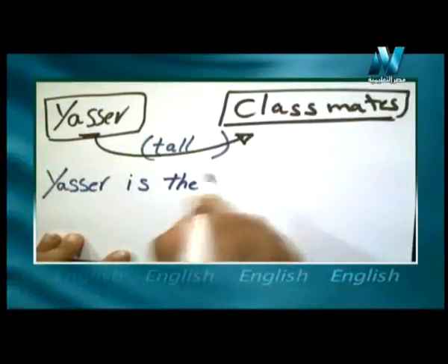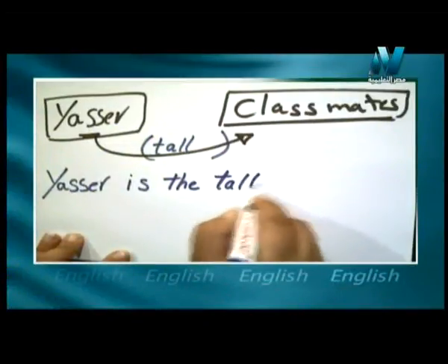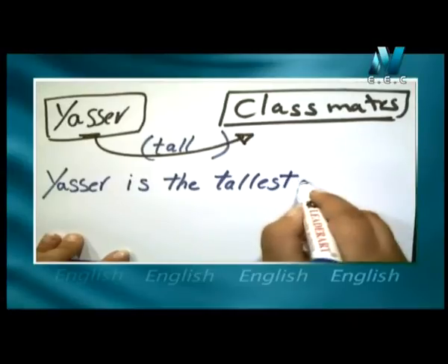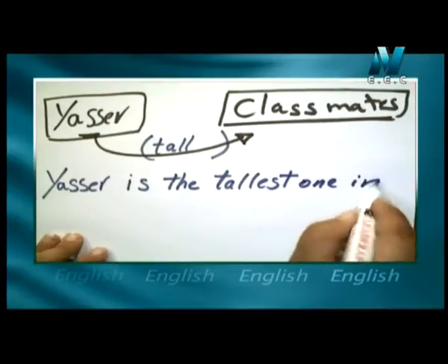How will I make this form? I'm going to say, for example, I have the word here. Let's say tall. This is the adjective. I will say Yasser is the tallest one in his class.